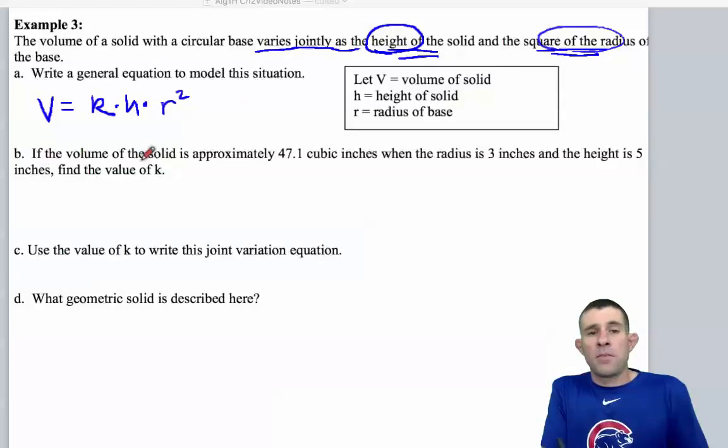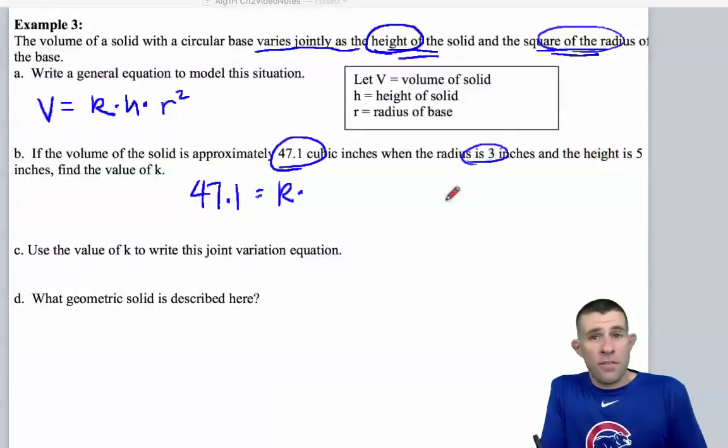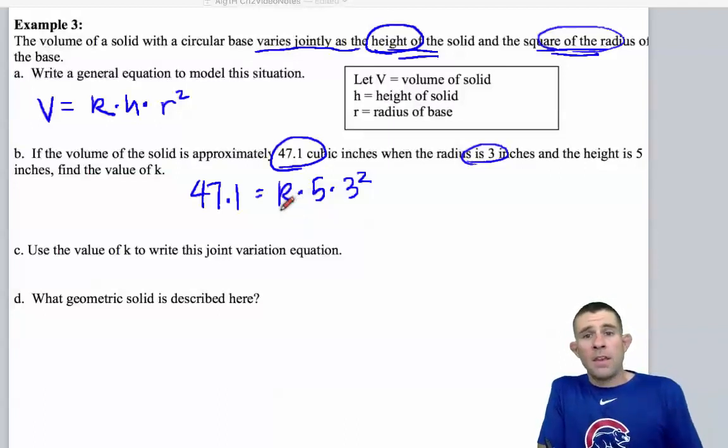Now let's go ahead and substitute some numbers that we know in. If the volume of a solid is 47.1 cubic inches, when our radius is 3 and our height is 5, so we're going to substitute 5 in here, and then 3 squared. We want to go about finding our constant of variation here. So that's 5 times 9, which is 45.